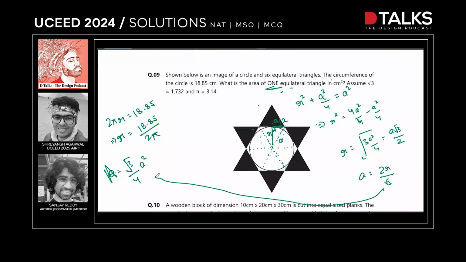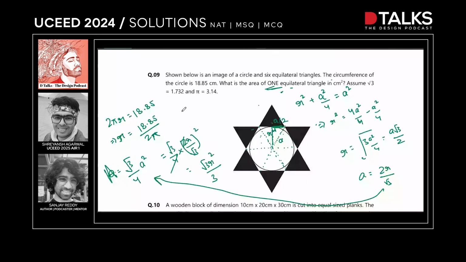And I want to substitute this over here. This will give you root 3 by 4 into 2r by root 3's whole square. This will give you root 3 r square divided by 3, right? Because this will get cut with 4, root 3 by 3.